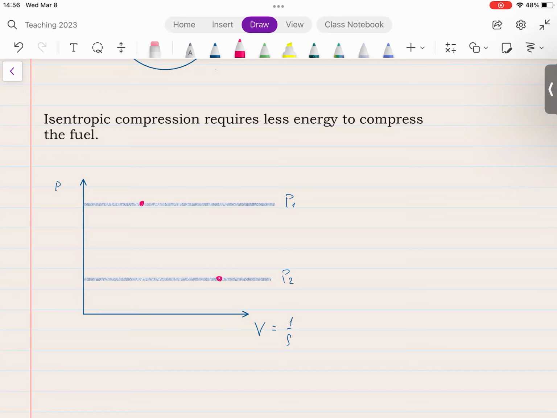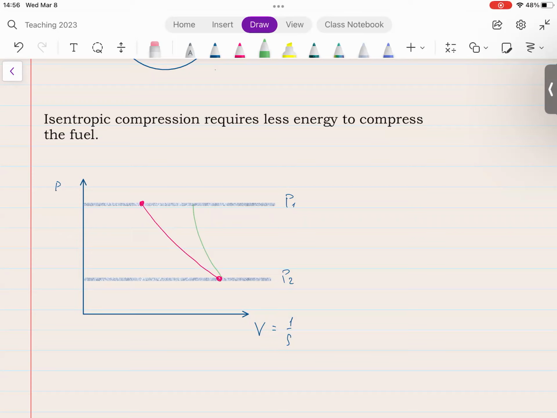If I can have an adiabatic compression, that's what I will do. While a shock will give me a compression that looks like this.